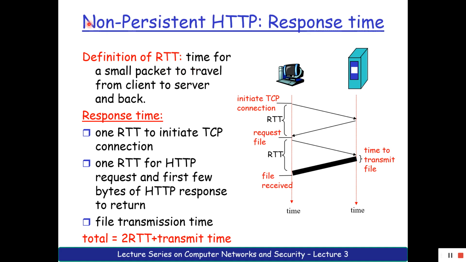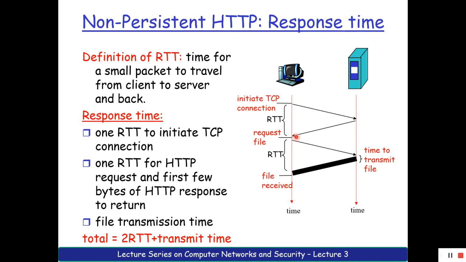Okay, so when I consider a non-persistent HTTP connection, how much time is required? It can be divided into two sections. If you see the diagram, what is the process? First, you request a connection. As a response, the server will send you a response saying that you can request a file, you can have the data transfer.